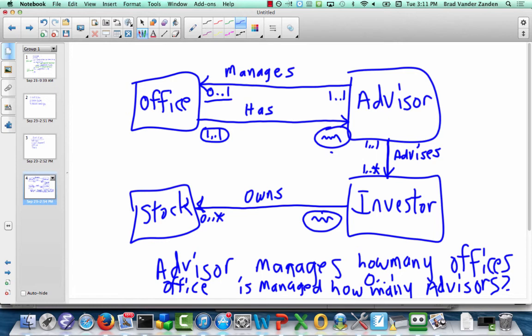An office, H. An office may have multiple advisors. So is it this one or that one? This one. And what is it? One to many. An office may have multiple advisors. It doesn't really say whether it's 0 to many or 1 to many, but I'm going to assume 1 to many.